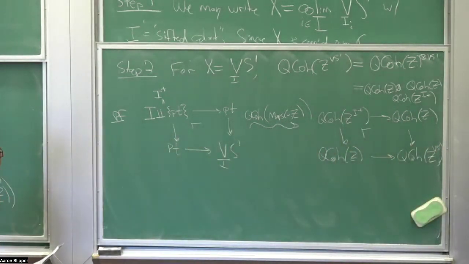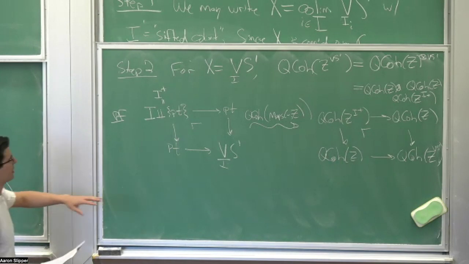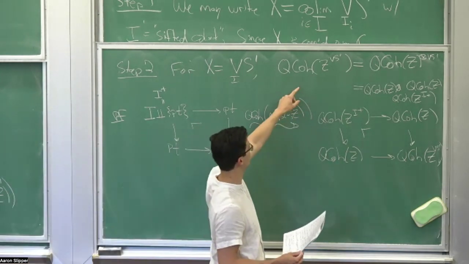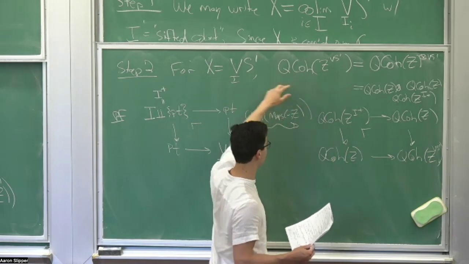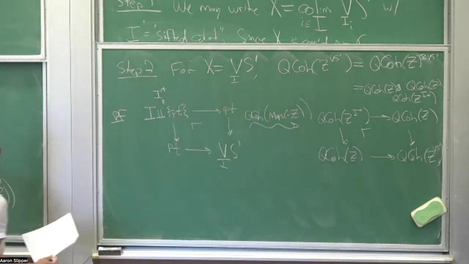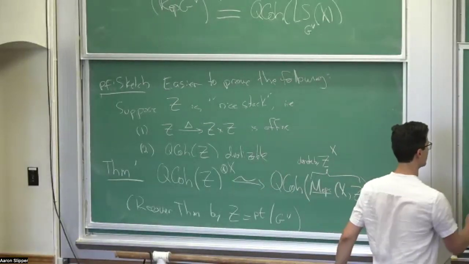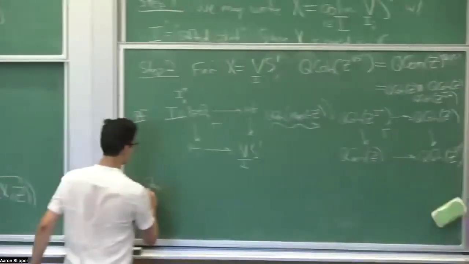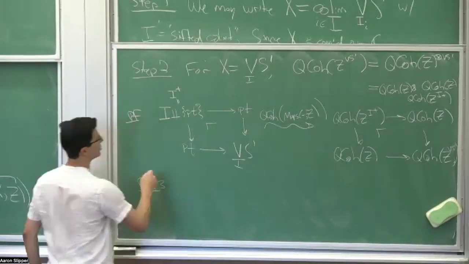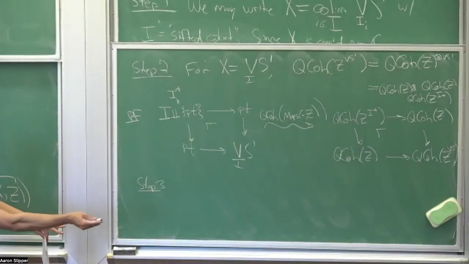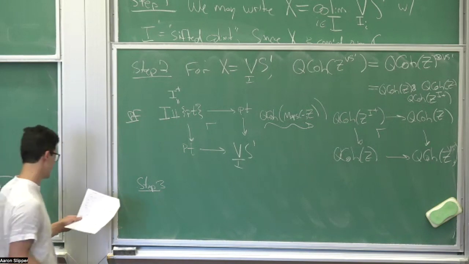The reason you can commute the colimit pushout with QCoh is because of these two properties, dual isopole and affine. So that's it. Then step 3 is you do the same procedure on the right-hand side.